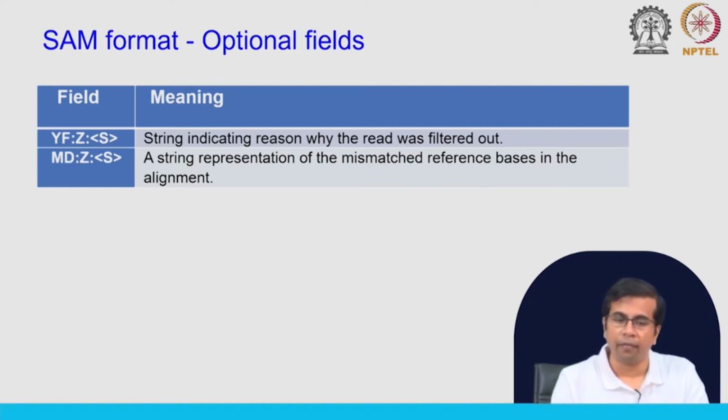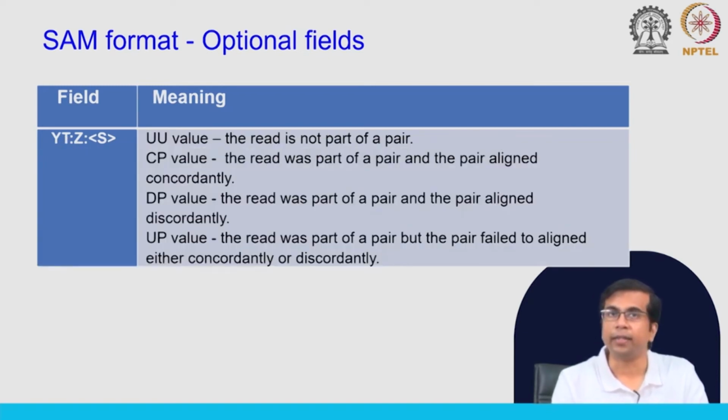Finally, you have something called YT:Z value. Again this is a string, and you will see some of these options, only one of these. You can have UU: this read is not part of a pair, which happens if you are dealing with single-end data. If you have CP, the read was part of a pair and they aligned concordantly. We described what concordant mapping is, and most reads will show concordant mapping.